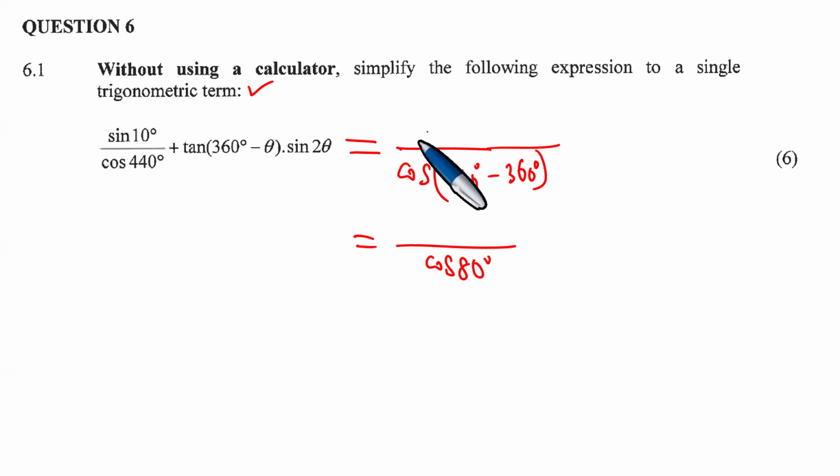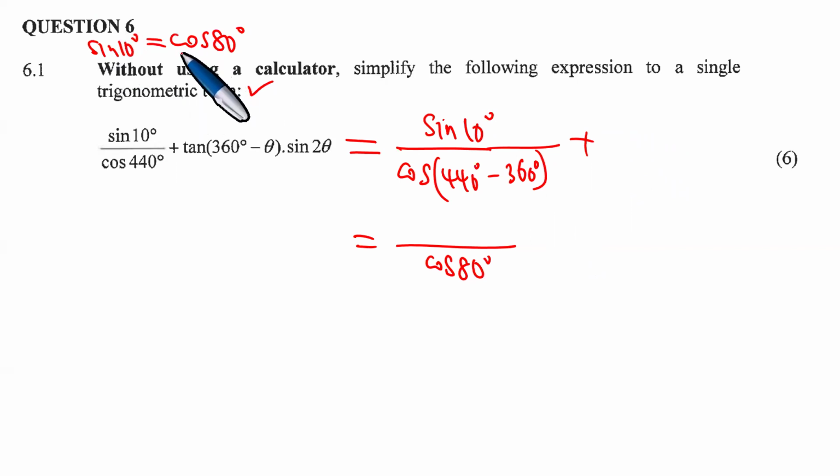Why? Because they are cofunctions. Cofunctions, well done. So in other words, cosine 80 degrees equals sine 10 degrees, because these are cofunctions.